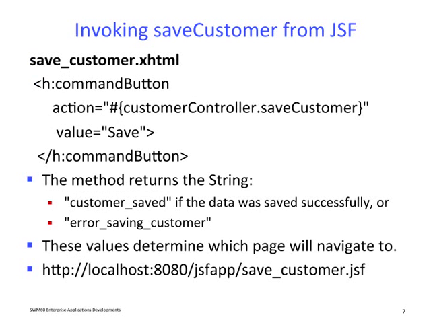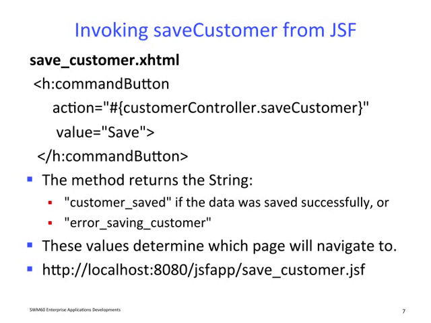So, invoking that save customer method from within the JSF. This is just an example JSF that uses that, call it save customer.xhtml. Then we have a command button element with the action.